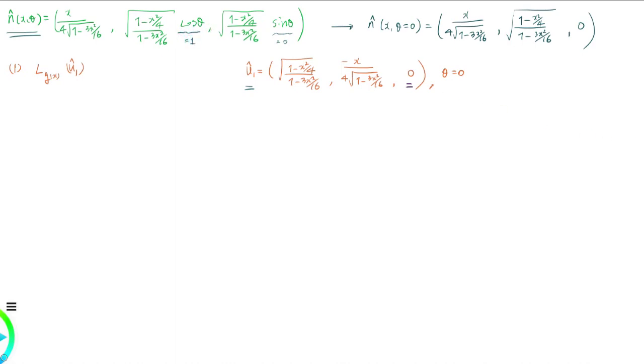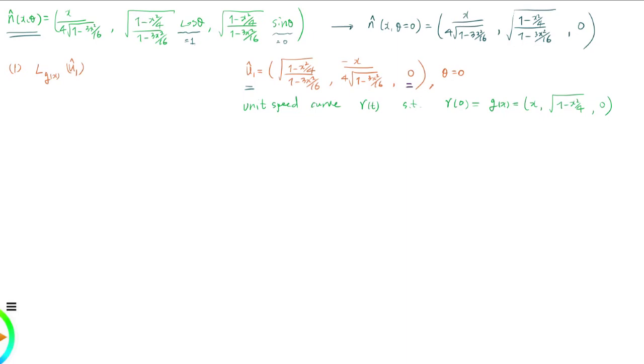Okay, now we take the unit speed curve gamma of t such that gamma of 0 is the same as g of x, which is x comma square root of 1 minus x squared over 4 comma 0 here.